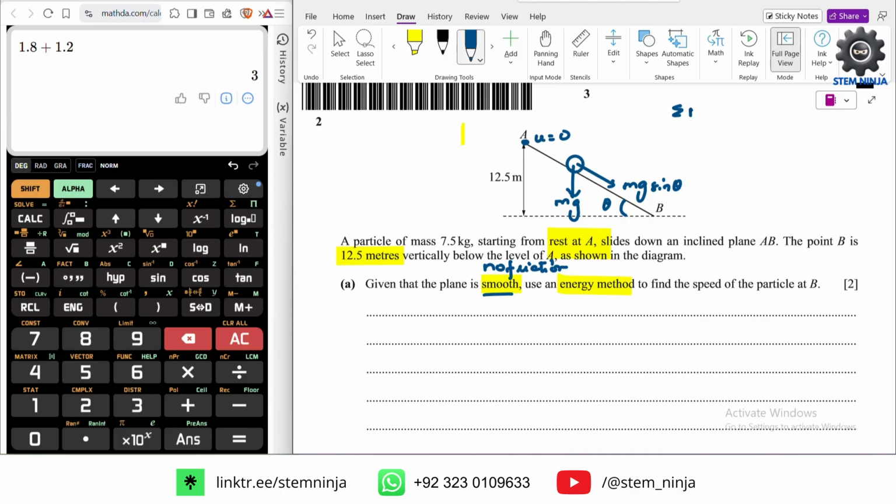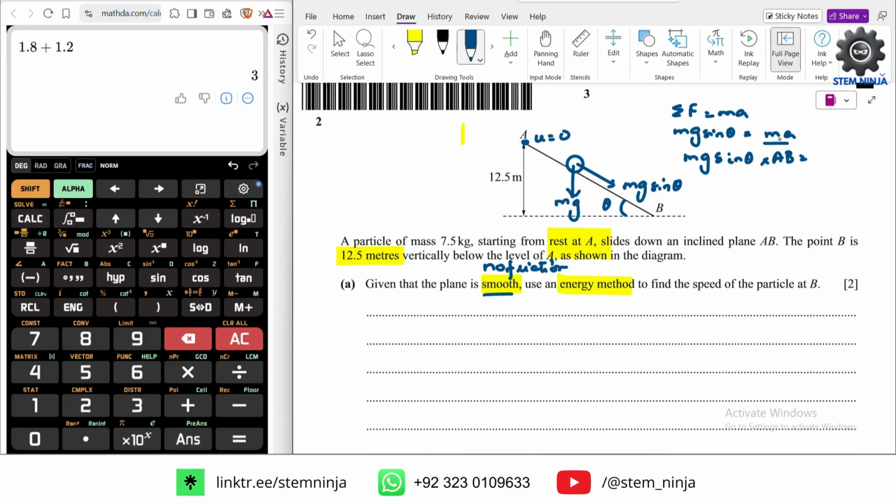So the only force F equal to ma you will have would be mg sin theta equals ma. Now if you multiply this by the distance covered, let's call it AB, so mg sin theta times AB.